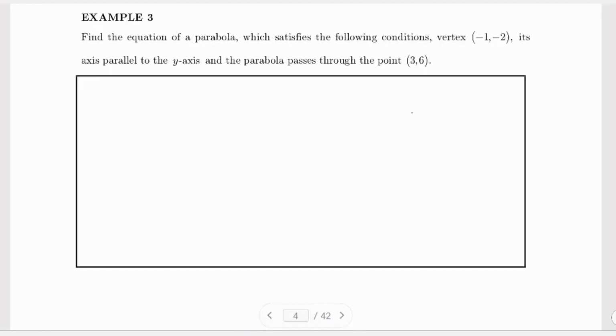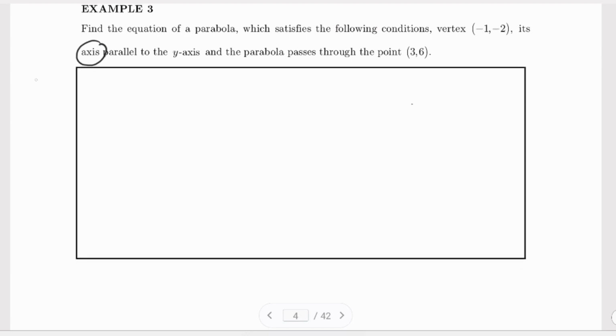For example 3, you have to find the equation of a parabola which satisfies the following conditions. You are given vertex (negative 1, negative 2), and its axis parallel to the y-axis, and the parabola passes through the point (3, 6). So it says its axis parallel to the y-axis. They are talking about the axis of symmetry.